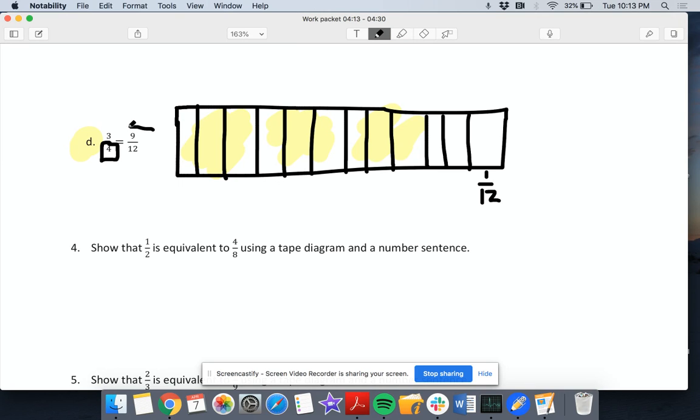I got my 9/12. My shaded 3/4 became 9 over 12, simply by drawing equal lines into each box inside this figure.